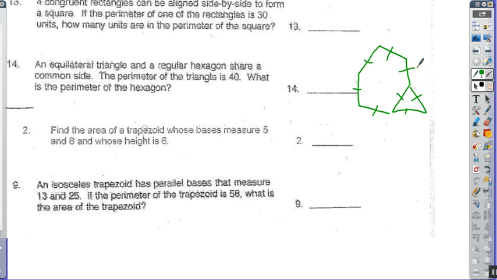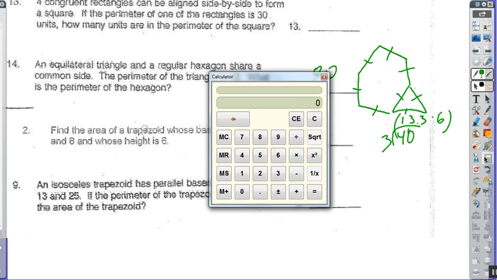So it would just be 80. I can go further and prove it, because I could go 40 divided by 3, that is 13.3 repeating, times 6, and that would be 80.